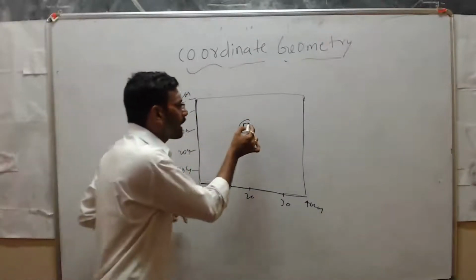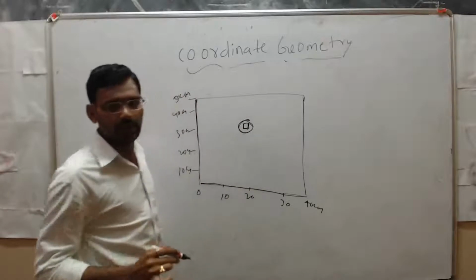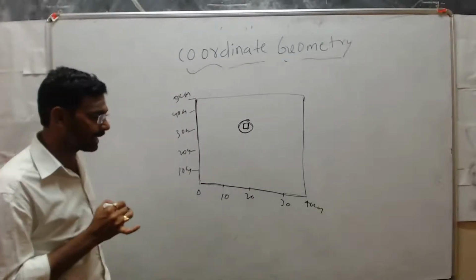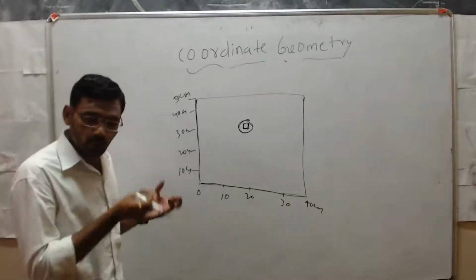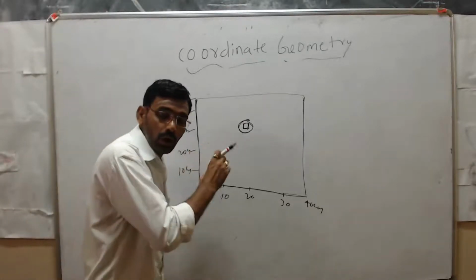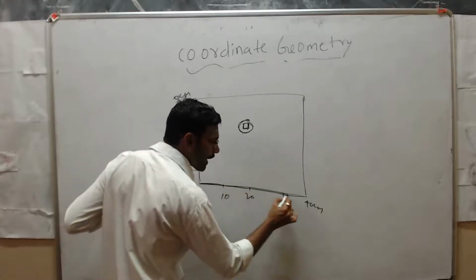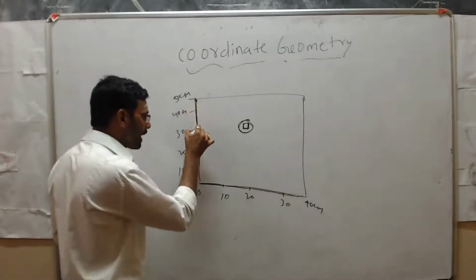Okay. Then what is the position of the book? We have to assume what is the position of the book. We have to locate the position of the book on the Cartesian plane. You have to understand, it is the x-axis, it is the y-axis.